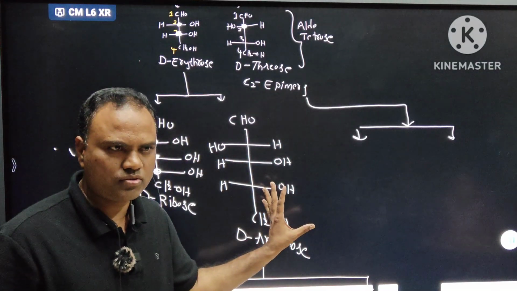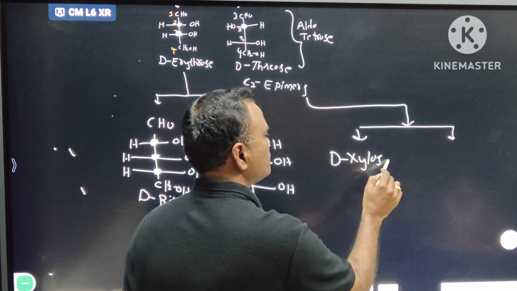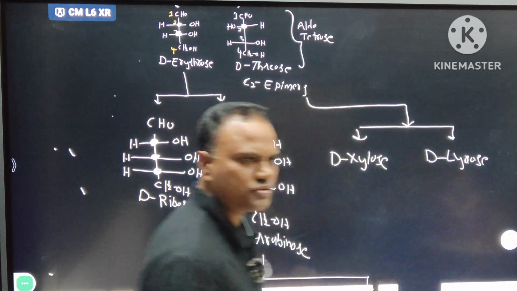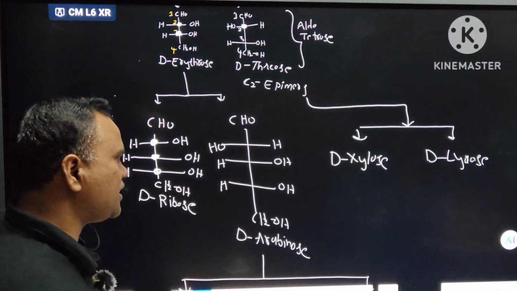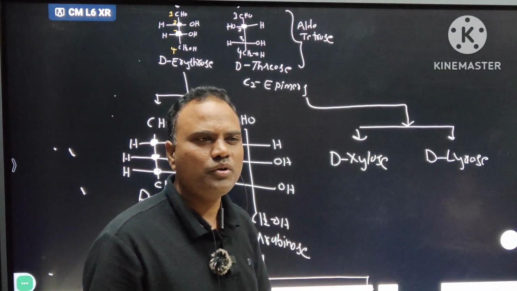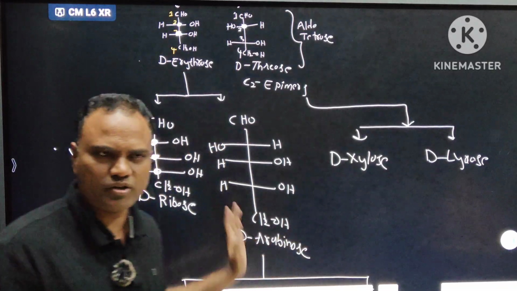Ribose, arabinose, D-xylose, D-lyxose. Combinations. In the same line, all these are aldopentoses.